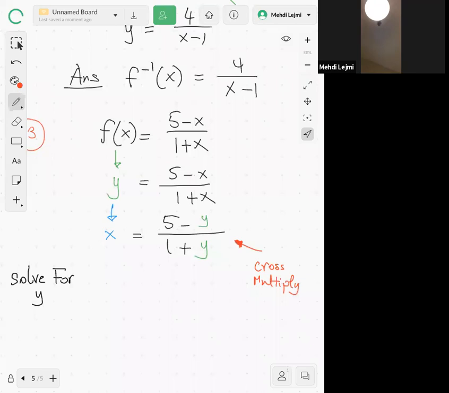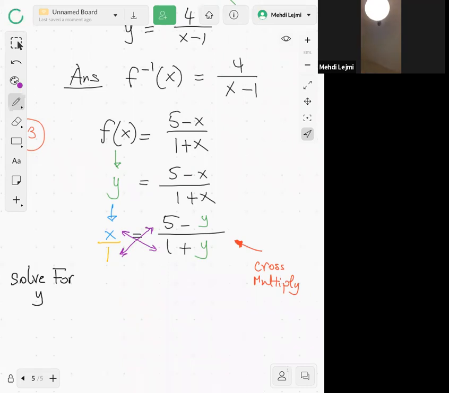So what do I mean by cross multiply? Well, there's a fraction on the right side. On the left, it's just x, but as I said, I can make x look like a fraction. So this is like x over 1. So when you cross multiply, the x times the 1 plus y is going to be equal to this 1 times this 5 minus y.